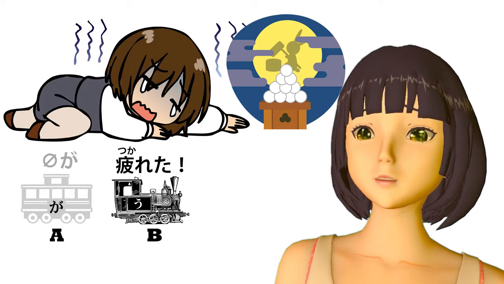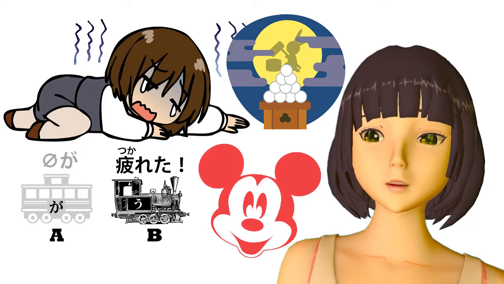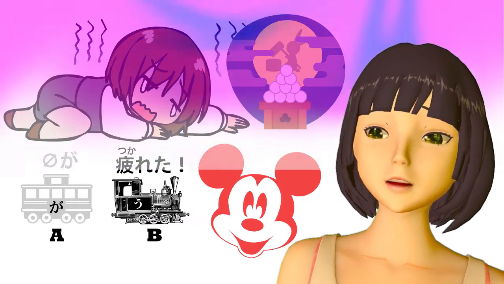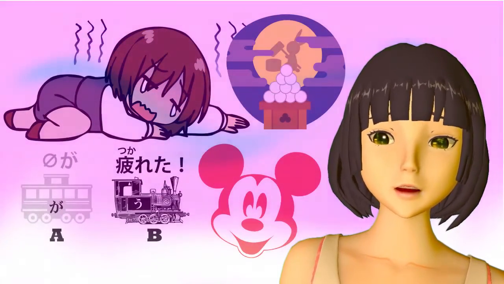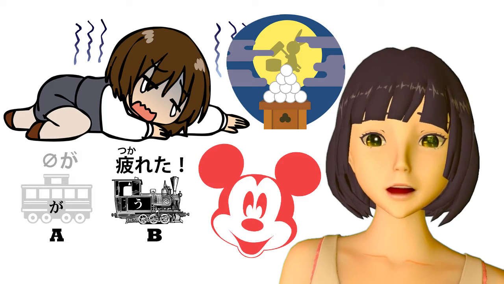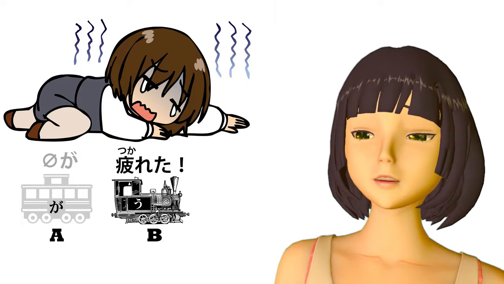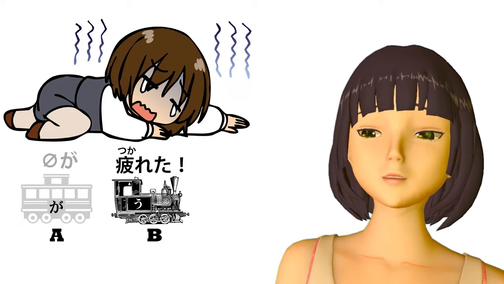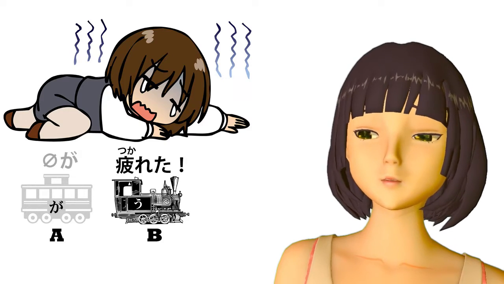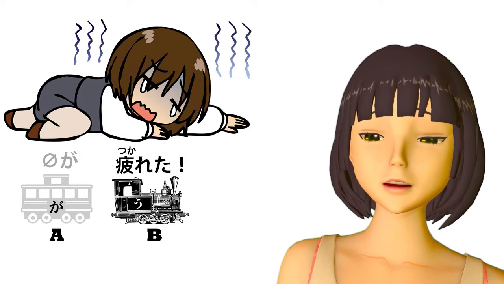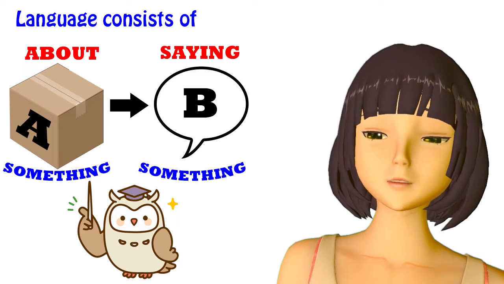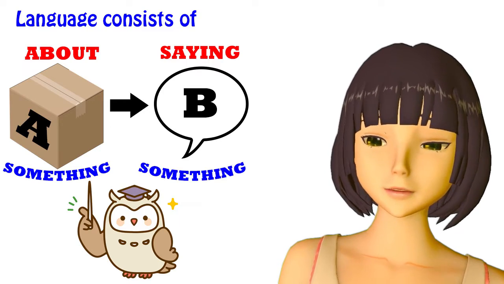We're not saying that Mickey Mouse is tired. We're not saying that tiredness settled like a purple haze over the known universe. We are saying, I am tired. If that wasn't the case, Japanese wouldn't be a language, because we couldn't do the basic thing that a language needs to do, which is to make statement B about thing A.